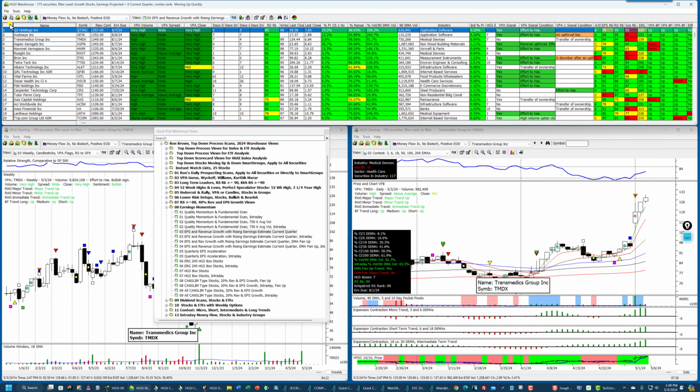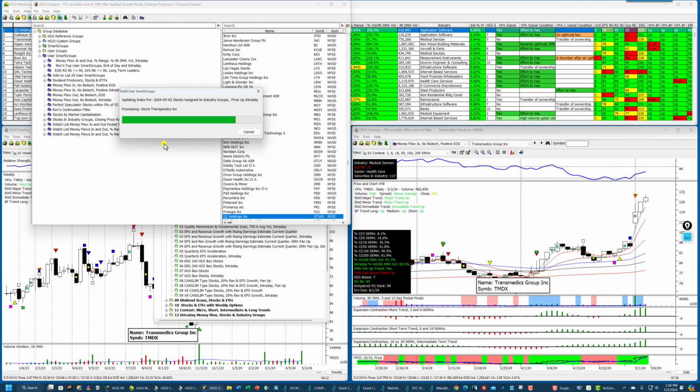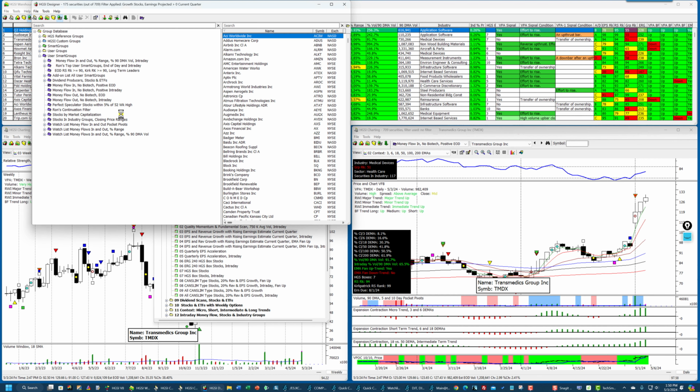Now, if you want to, you do have the ability to rebuild the user smart groups intraday, and it's only going to select the stocks that passed last night's money flow, which are up today.